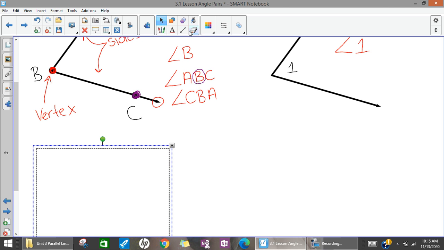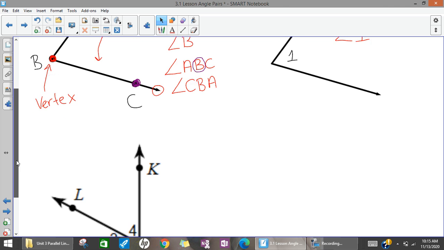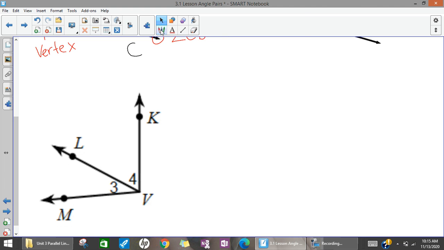It's important to be careful though, because if we have more than one angle formed at a vertex, like we do in this one, we have vertex V, and so we have this angle formed. And we also have this other angle formed that has the same vertex V. So we can't name these angles angle V because there's two angles that have vertex V, and that would become confusing. So we have to be more specific.